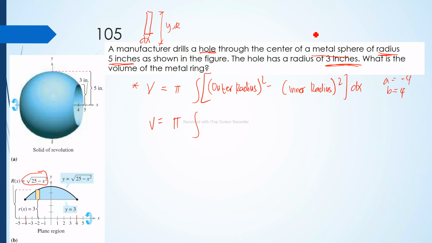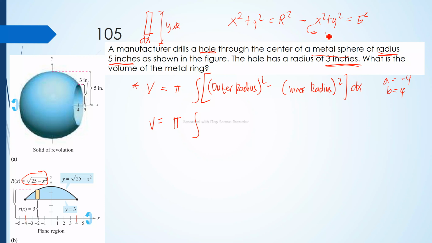This is how we got it. It says we have a metal sphere with a radius of 5 inches. So since it is circular, that is just equal to x squared plus y squared is equal to r squared, right? Or x squared plus y squared is equal to 5 squared. That is for circles with their center located at the origin, 0, 0. Following that formula, we were able to derive the lower and upper limits.